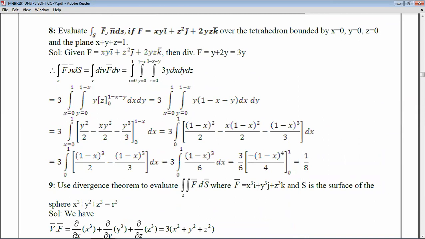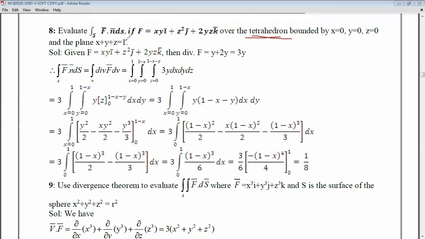Evaluate the integral of f bar dot n bar dS if f bar is equal to xy i plus z square j plus 2yz k over the tetrahedron bounded by x is equal to 0, y is equal to 0, z is equal to 0, and the plane x plus y plus z is equal to 1.